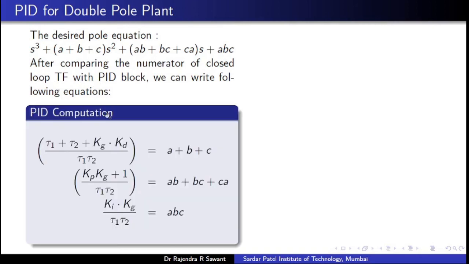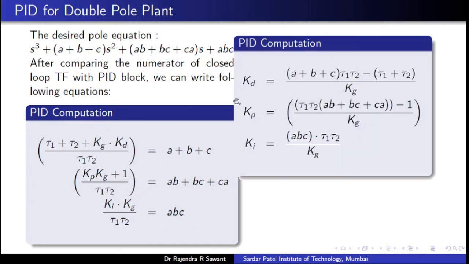So we can straight away write down, one can verify also, these expressions. And we can get the PID computation like this: KD equals to this way, KP equals to this way, and KI equals to this way.